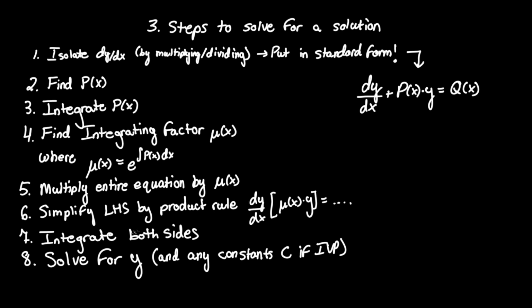And after you do that, just isolate y, typically by dividing by mu of x. And after that, you have the entire equation in terms of y. And if you have any constant c, if you're given an initial value problem or initial conditions, all you do is plug it in to the plus c, and you'll get your fully formed solution. Now let's put these steps to work.